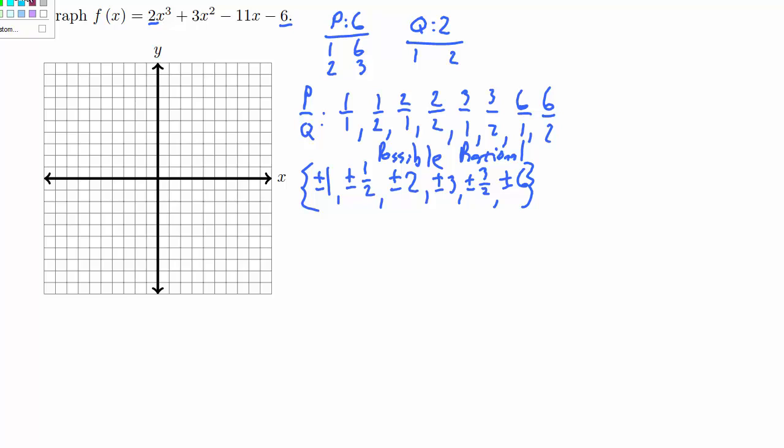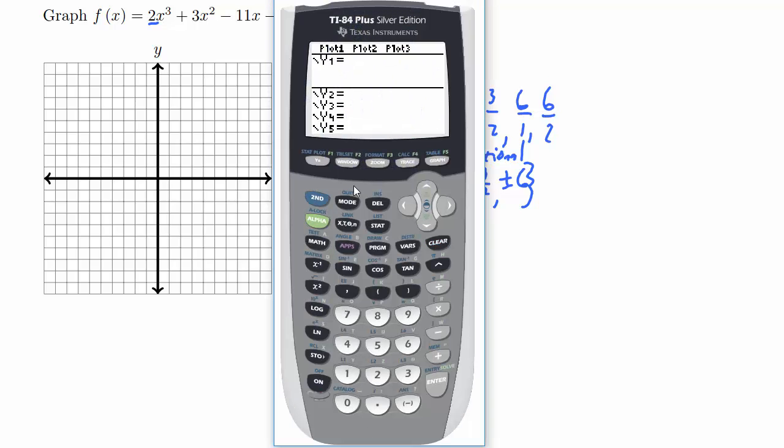Fantastic. Now, the next thing we want to do is find all of the zeros and their resulting multiplicities. To do that, we could just randomly guess and check out of the possible rational zeros, but it's almost always going to be easiest when you graph it.